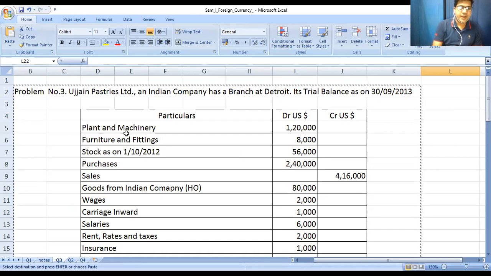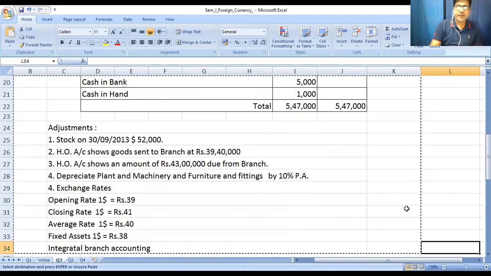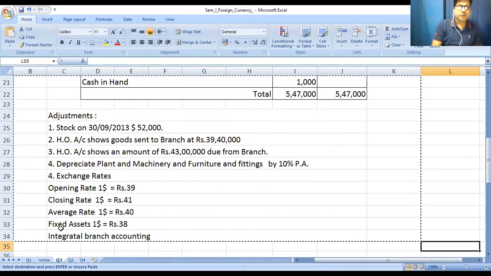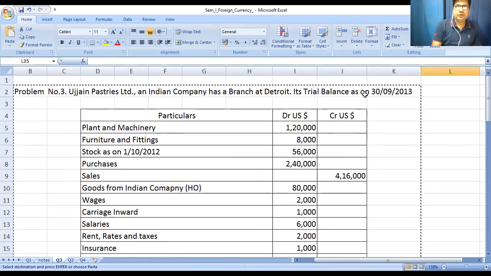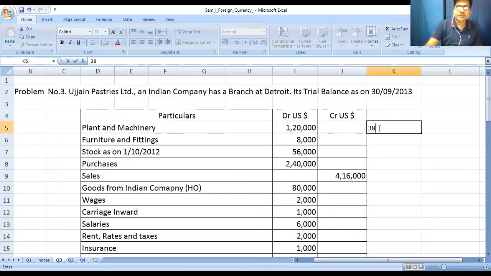First item, plant and machinery, it is $1,20,000. In the adjustment, fixed asset $1 = rupees 38. It means we will apply rate per dollar rupees 38.